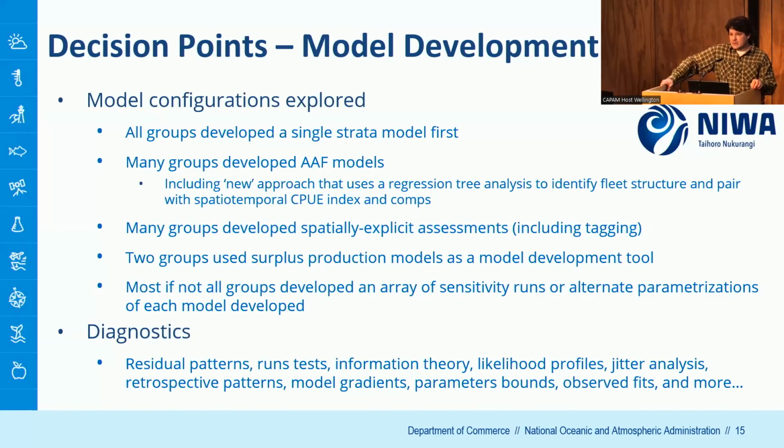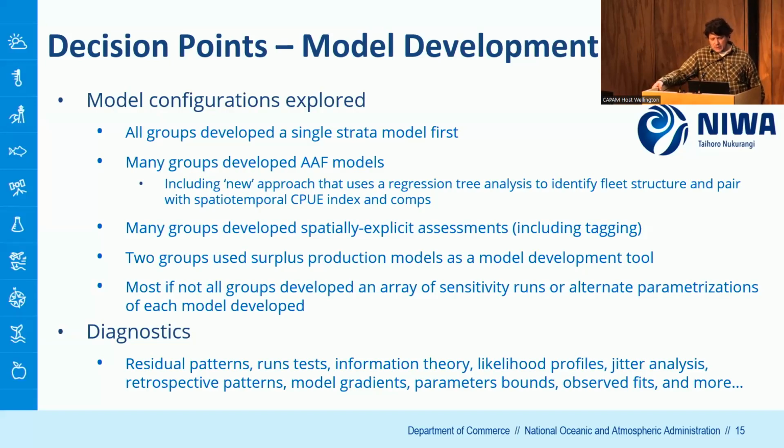Typically, we do that a little bit more ad hoc based on management boundaries or fleets in particular areas, without really thinking hard about parsimony in that respect. So this type of analysis looks at identifying those fleet structures in the best way possible, the most informative anyway.